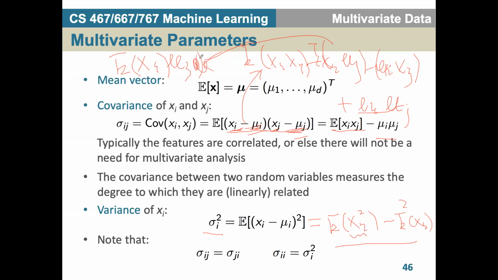This is the expectation of xi, which is exactly mu i. So this term is minus mu i mu j. This other term is the same: mu i can be taken out, and the expectation of xj is mu j. So we have minus mu i mu j, minus mu i mu j, and plus one mu i mu j. That's minus 2 plus 1, which is minus 1. So that's what we have.